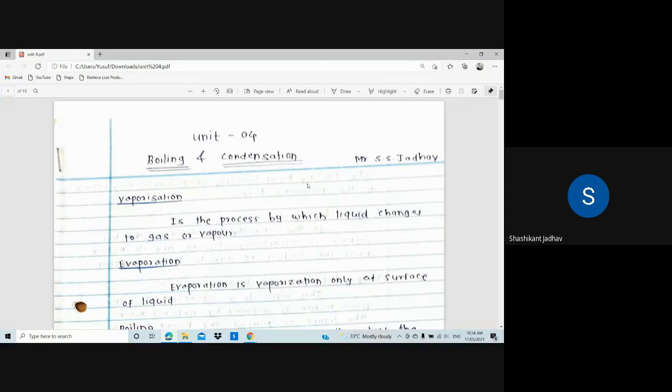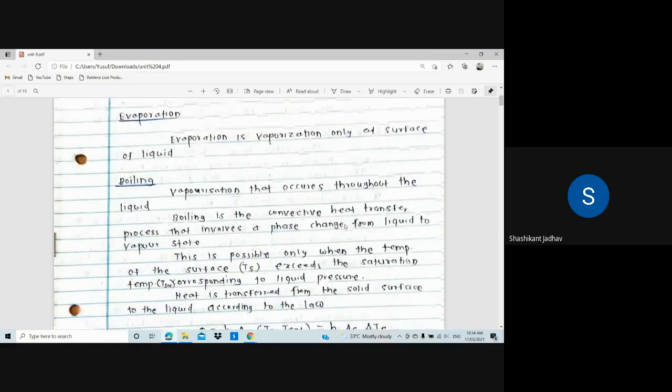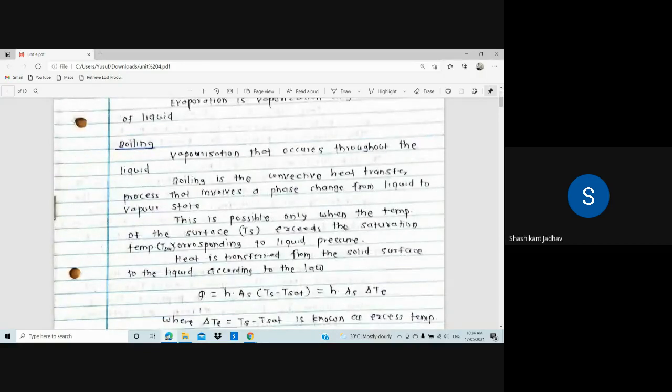Evaporation is vaporization only at the surface of the liquid. Okay, so this is about evaporation. Then write down what is meant by boiling.